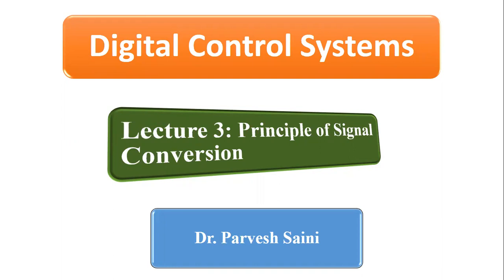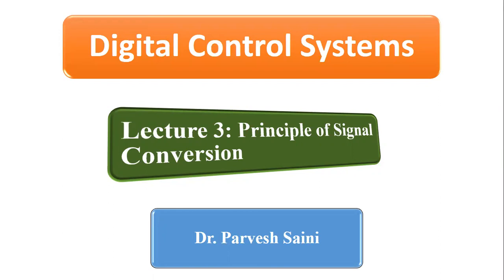Our real-time parameters or processes are like temperature, pressure, flow, level, etc. From these processes, we acquire analog signals, and these analog signals are processed digitally through a computer, microcontroller or microprocessor.